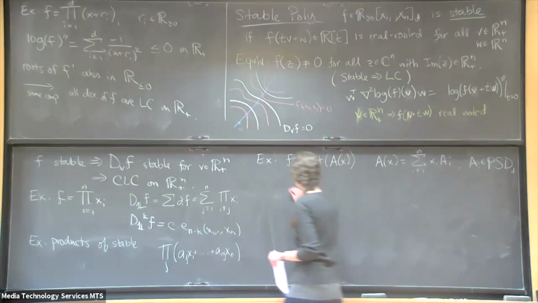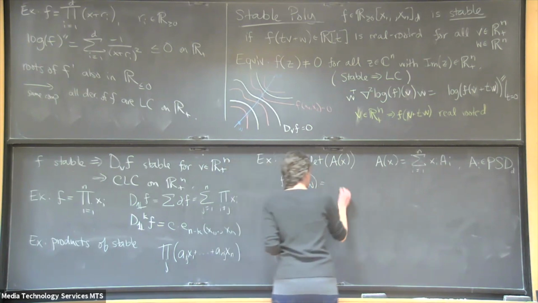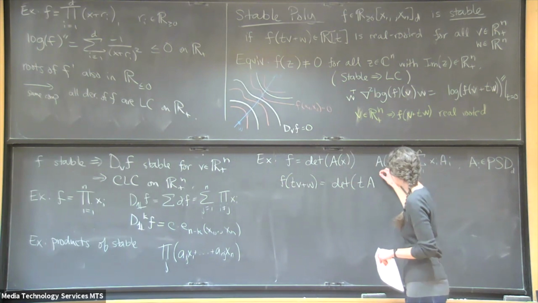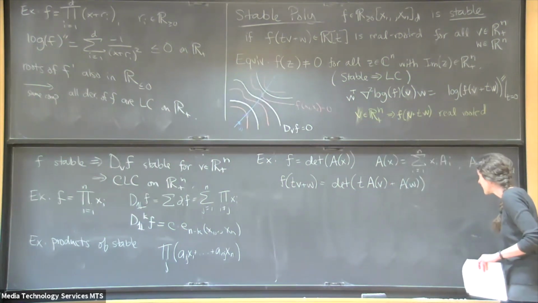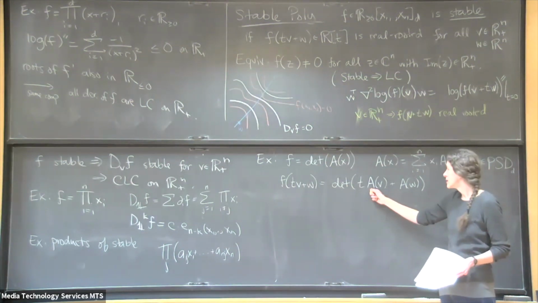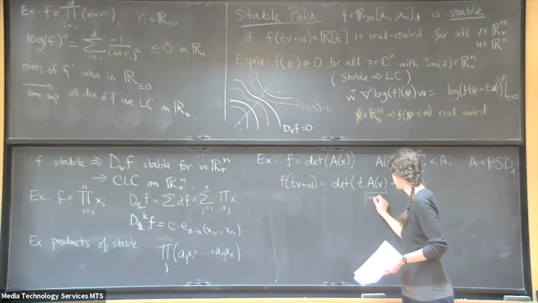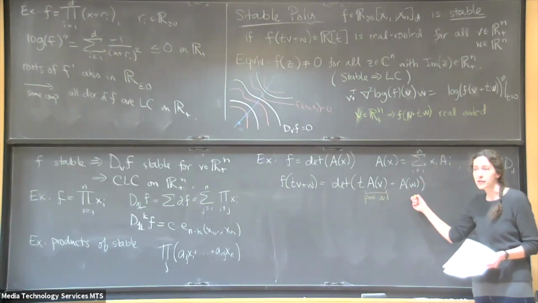And then, if I restrict this determinant to a line, this is linear, so I'm just going to take t A(v) plus A(w). The important thing is that I'm taking a positive combination of PSD matrices. So unless this polynomial is identically 0, this is going to be positive definite. And then this is a generalized eigenvalue problem.